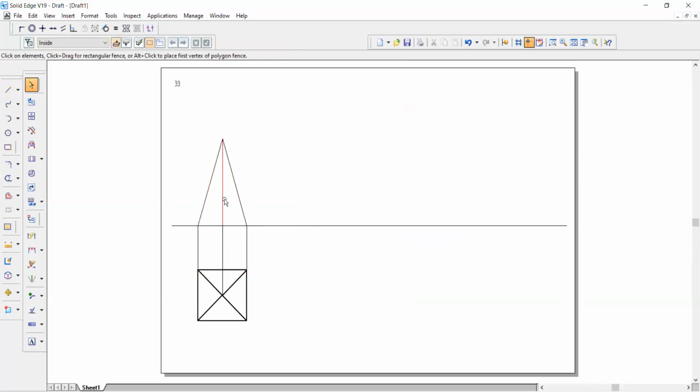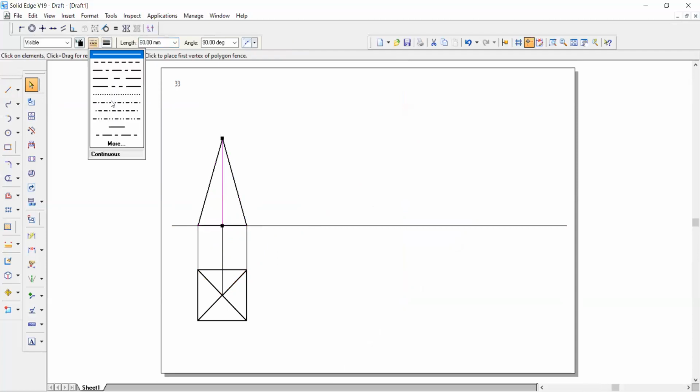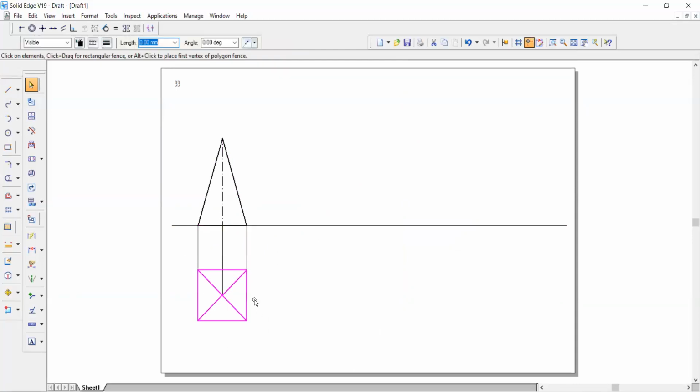Now, in the question he will not tell you whether it is resting on one of its edges or not. If he says it is resting on one of its slant triangular faces, you have to draw this in edge condition. Whenever the question says slant triangular face, you have to draw it in edge condition itself.